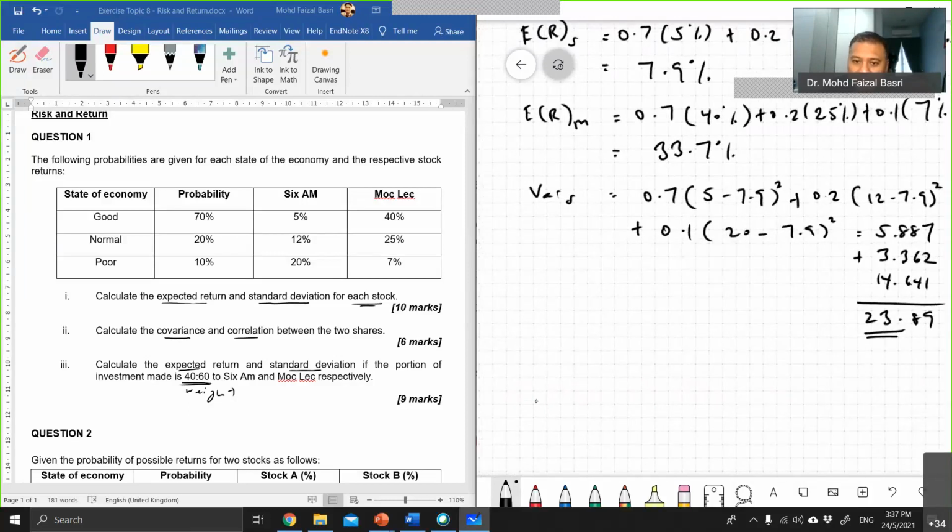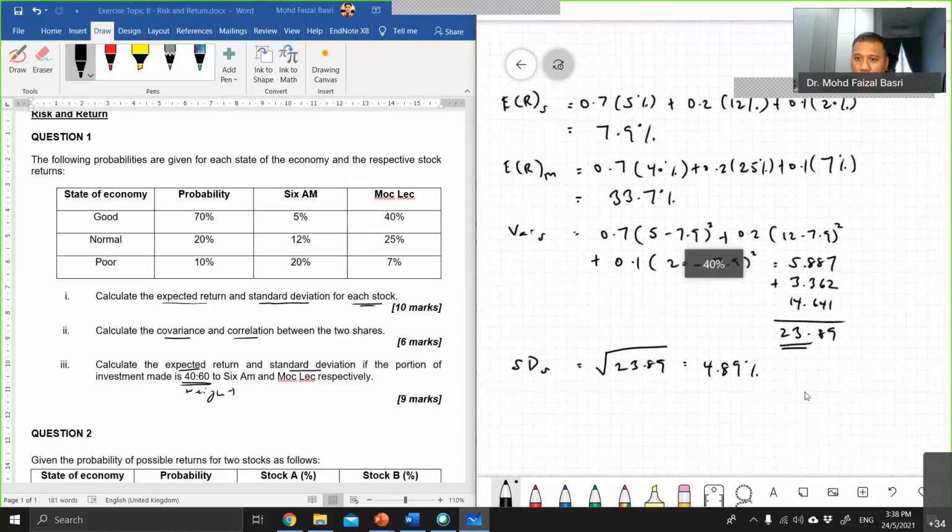And to find the standard deviation of stock S, simply square root of 23.89, which is 4.89%. So this is the standard deviation for stock S, and this is the variance. We're going to need this variance later on, especially when we want to calculate the covariance.